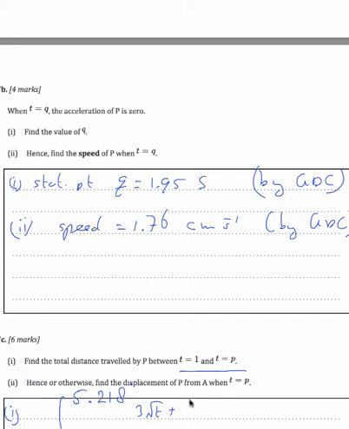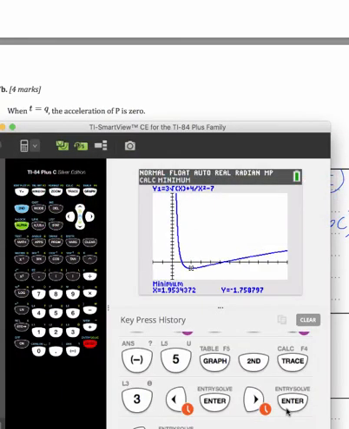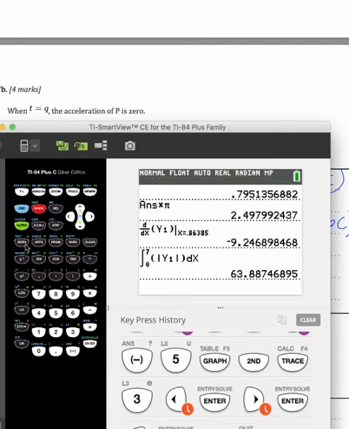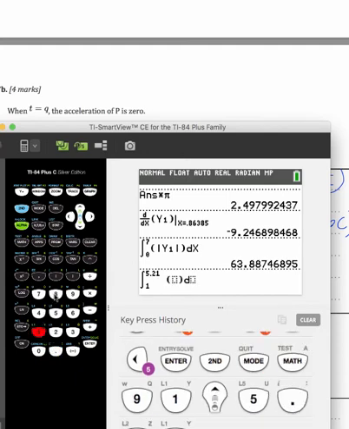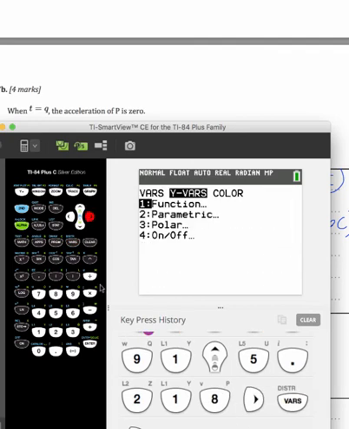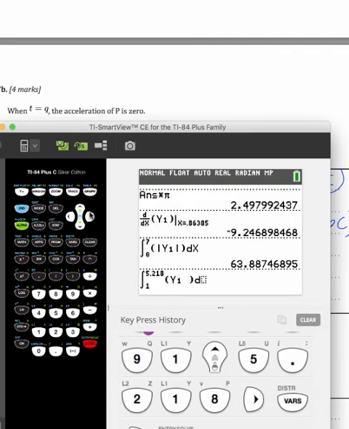And I want to do that with 3 square root of t plus 4 over t squared minus 7. For the distance, I might as well put it in absolute value signs. Let's use a calculator for that. Math 9, from 1 to 5.218, y variables, y1 with respect to x.